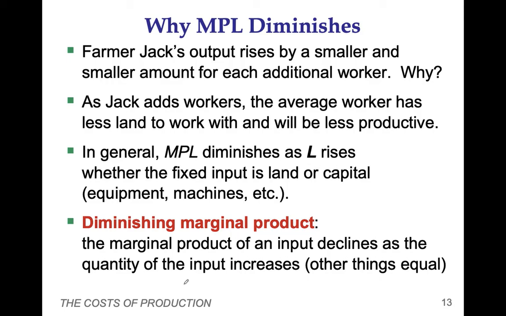So as we increase the quantity of any input, whether it is labor or capital or whatever, the production curve is going to flatten, meaning that the marginal product of that input is decreasing as the quantity of that input, whether land, equipment, or workers, increases. So it is like a law here.